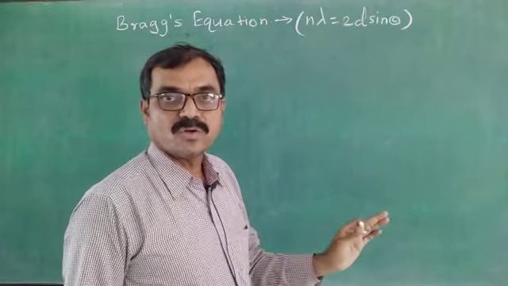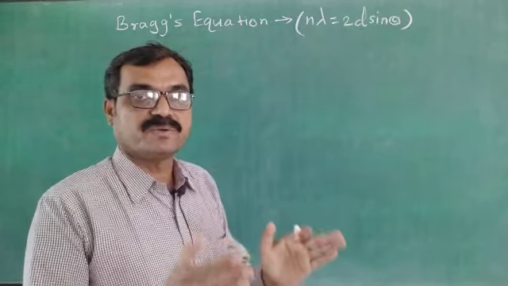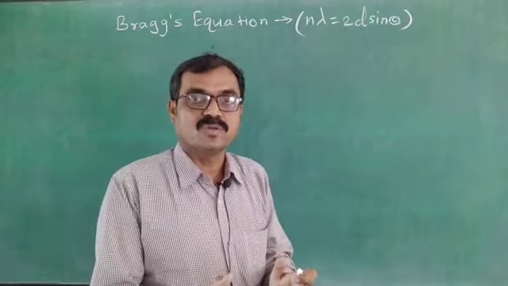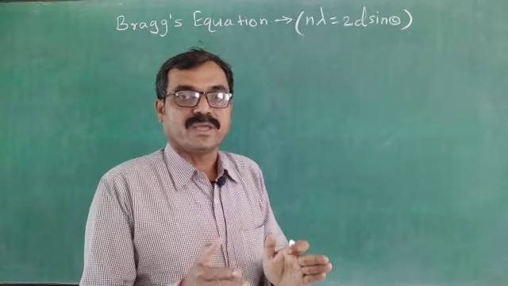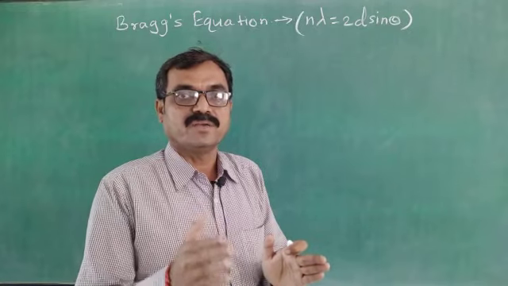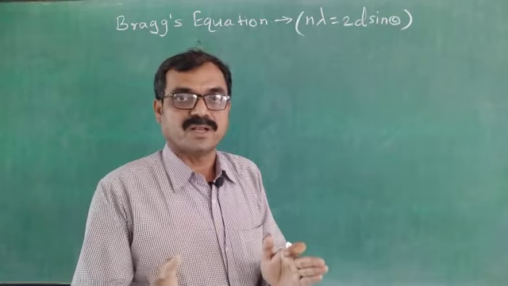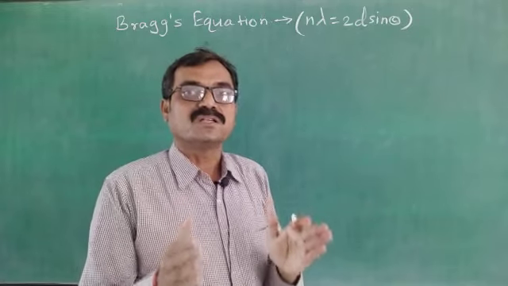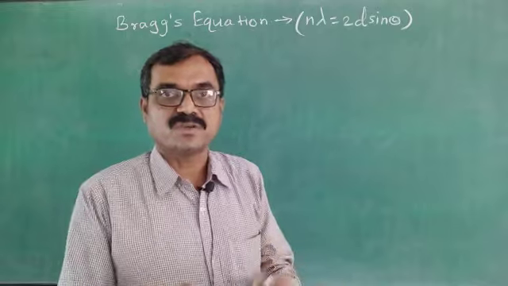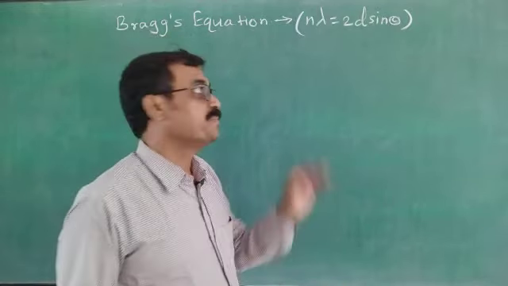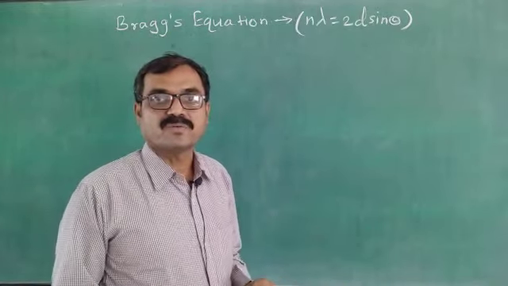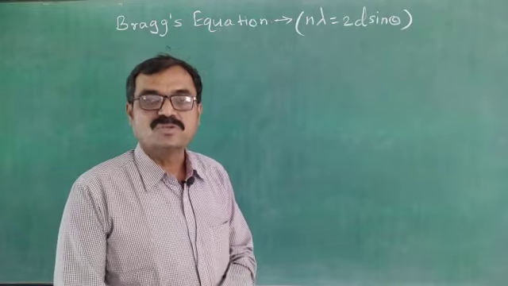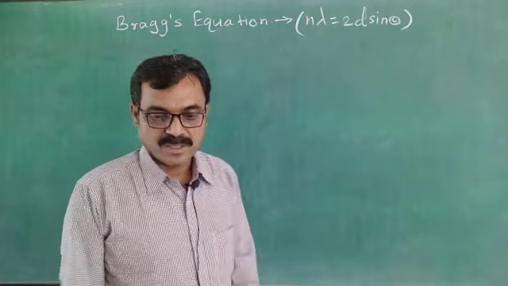If d, the interplanar distance between two successive crystal planes, is known, then by knowing d100, d110, d111 and by knowing its ratio, you are able to see the crystal type, whether it is SCC, BCC or FCC. In this way, Bragg's equation n lambda equals 2d sin theta is used to determine the crystal structure.